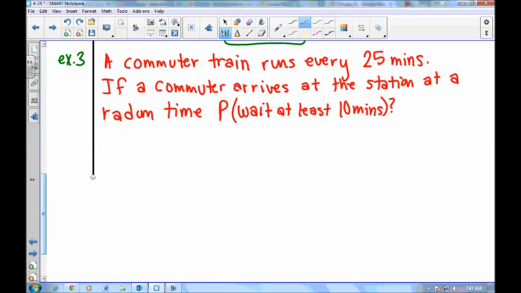Do we have some number values that we could use? 25. Okay, what is 25 representing? Minutes, and what's the lowest number? 0. Okay, so I can't draw a train.